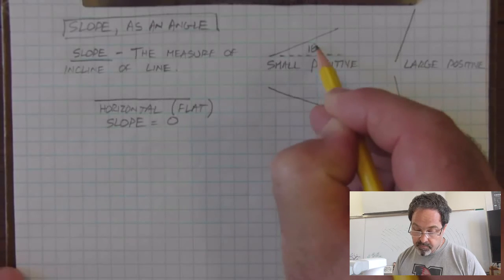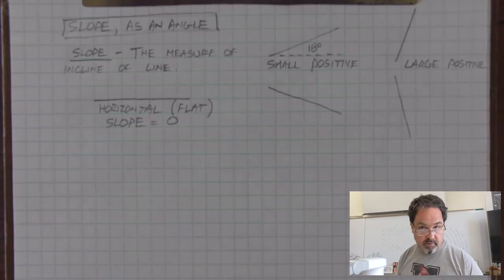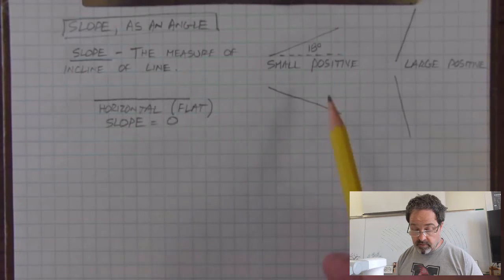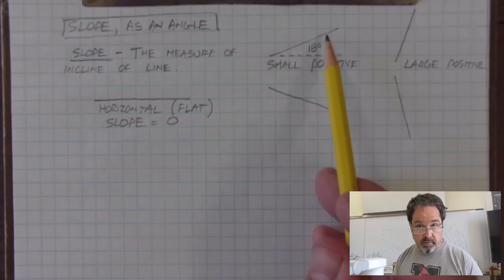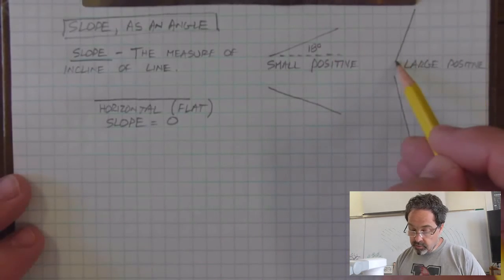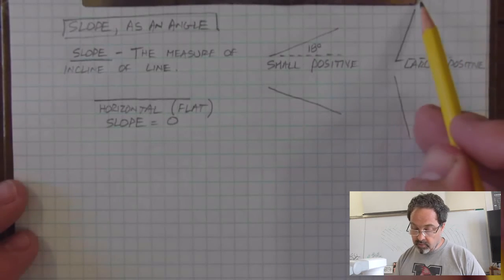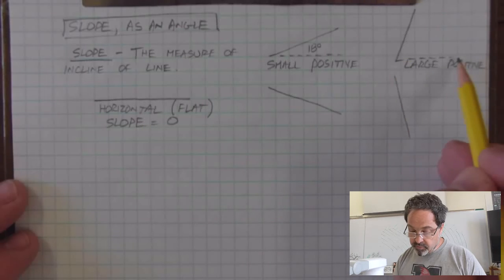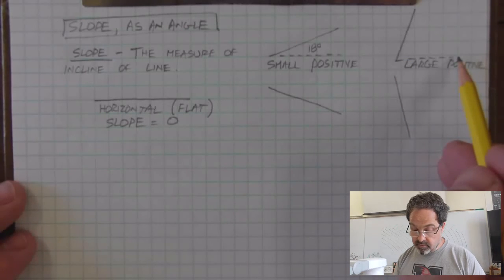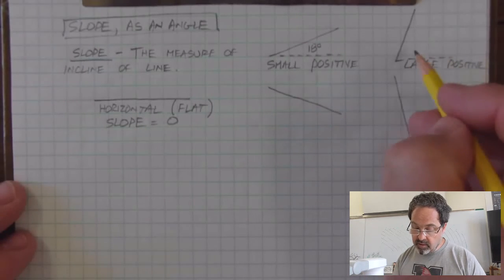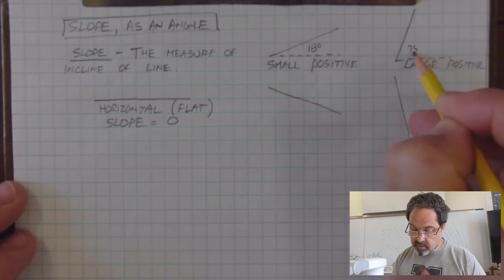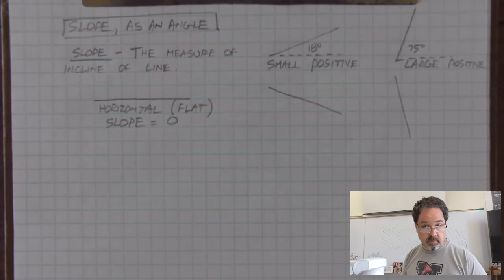We could estimate it maybe 18 degrees. Positive 18 degrees, the slope is going up. The large positive slope line, we would also compare with a horizontal, which is perfectly flat. And we could estimate the angle of this to be maybe something like 75 degrees.